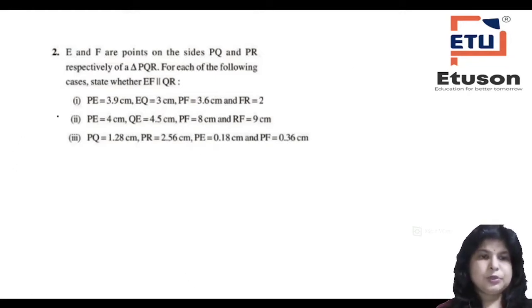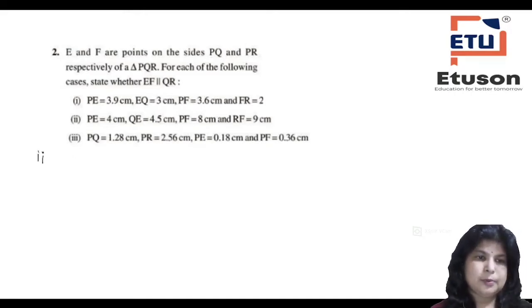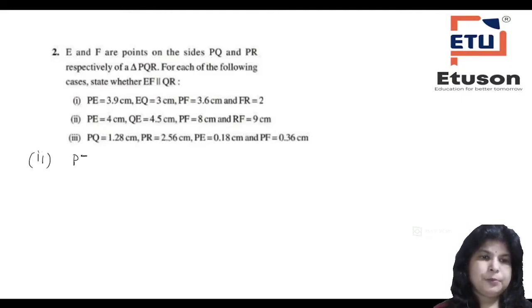Okay, now let us go to the second bit. So here also we need to calculate the ratio. So in the second bit, let us find out what is the value of PE by QE. So PE is 4, QE is 4.5.